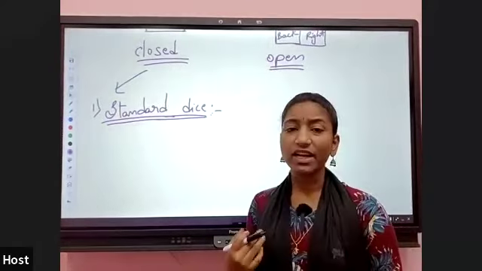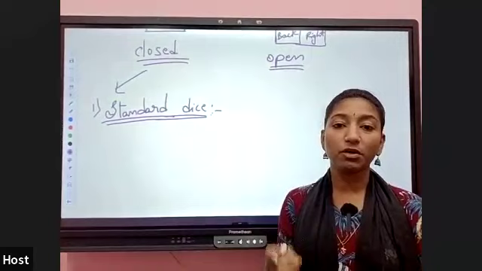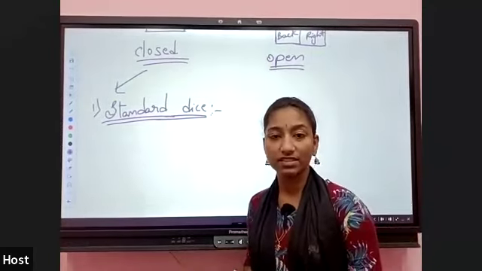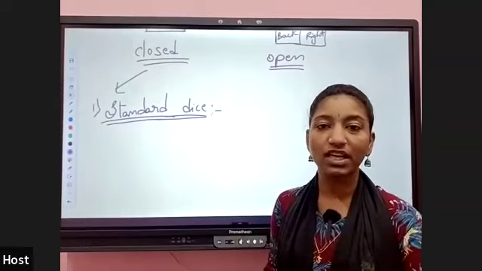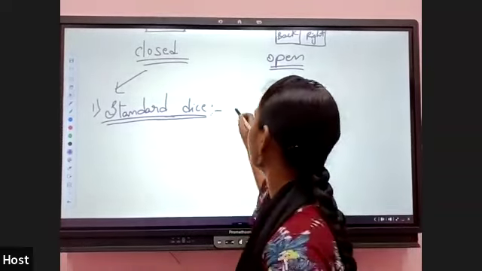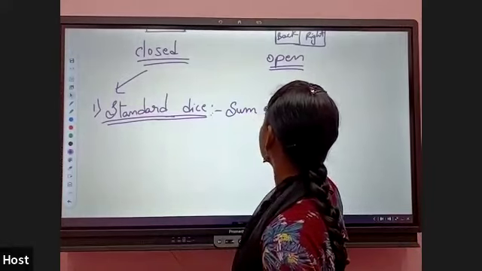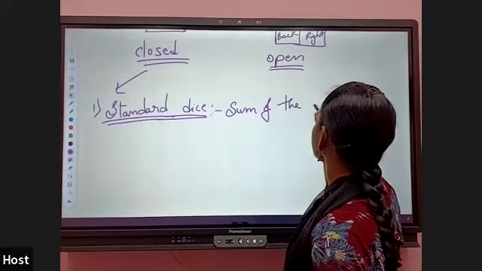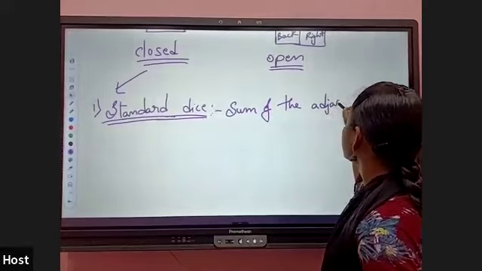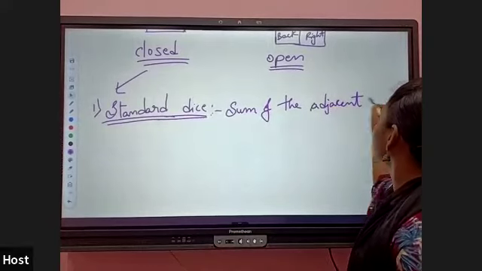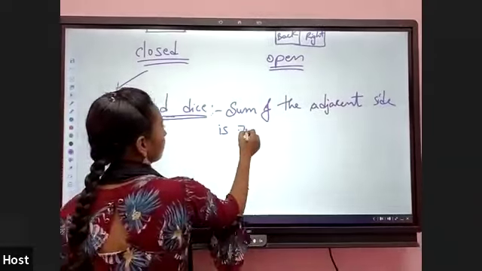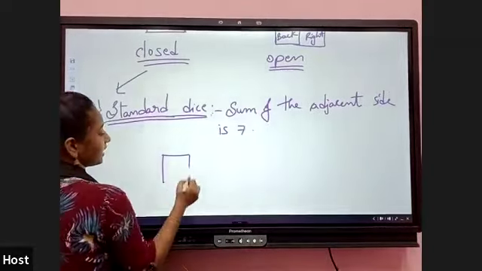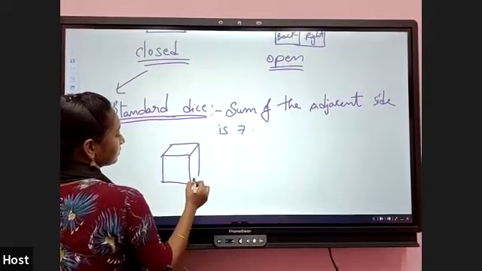While observing the dice, the sum of the opposite faces is 7.